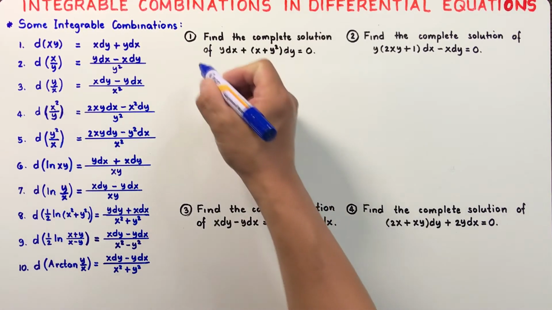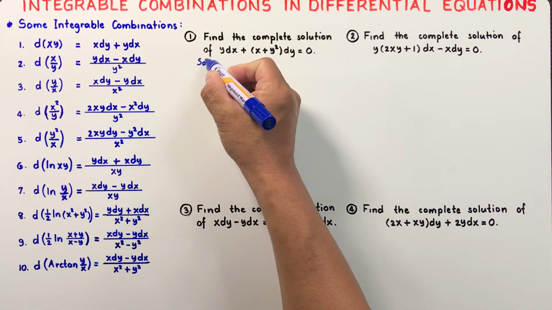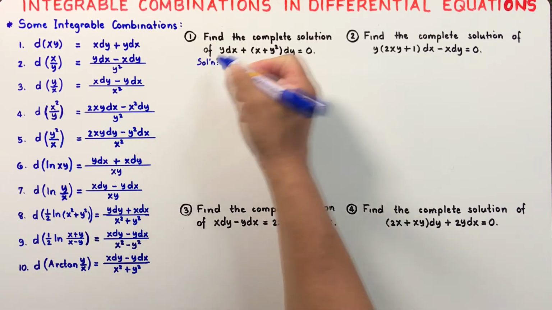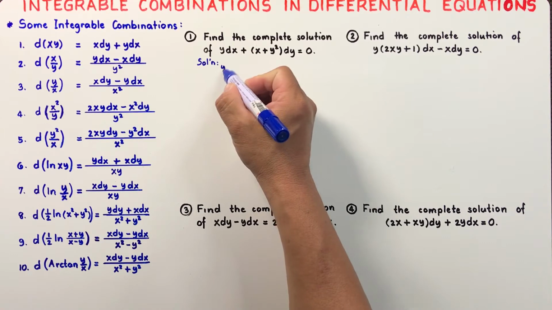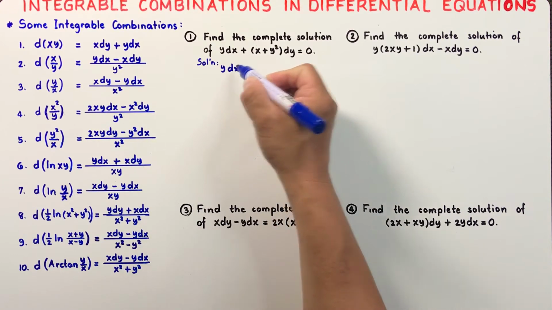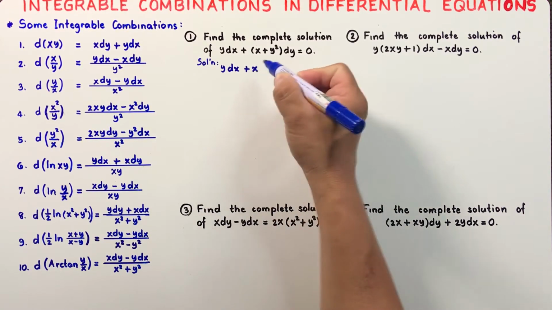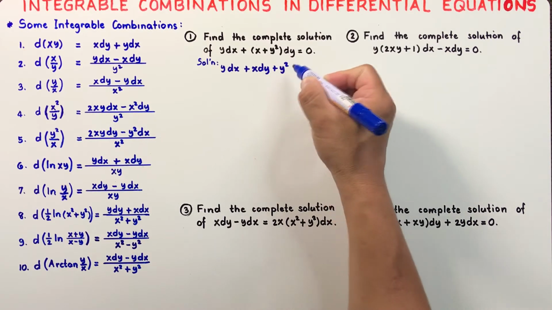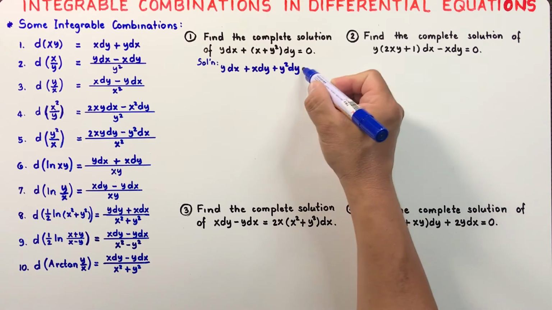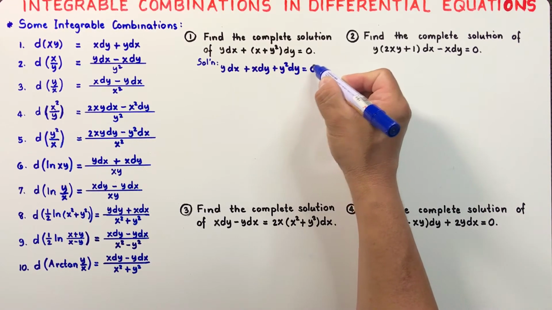The presence of the integrable combination will become obvious if you distribute this dy to this binomial here. So we have y dx plus x dy plus y squared dy, and this is equated to 0.